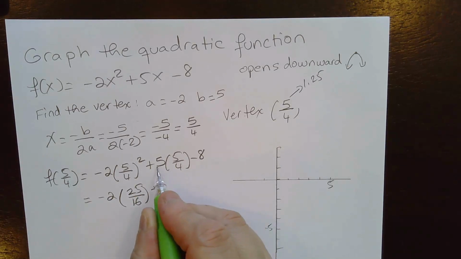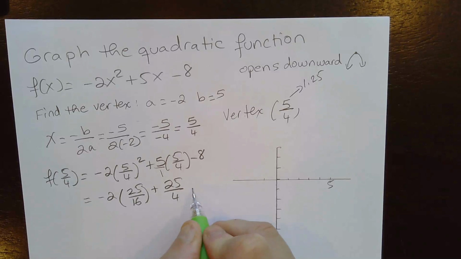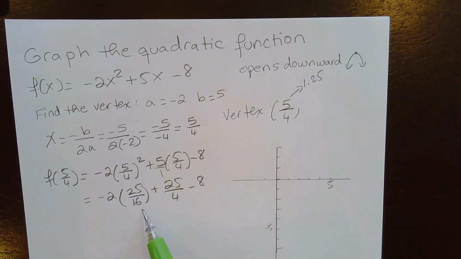Plus 5 times 5 is 25 over 4, minus 8. Now we can simplify the 2 and the 16. 16 divided by 2 gives us 8, and 2 divided by 2 is 1, but don't forget the negative. So we have negative 1 times 25, that's negative 25 over 8, plus 25 over 4 minus 8.